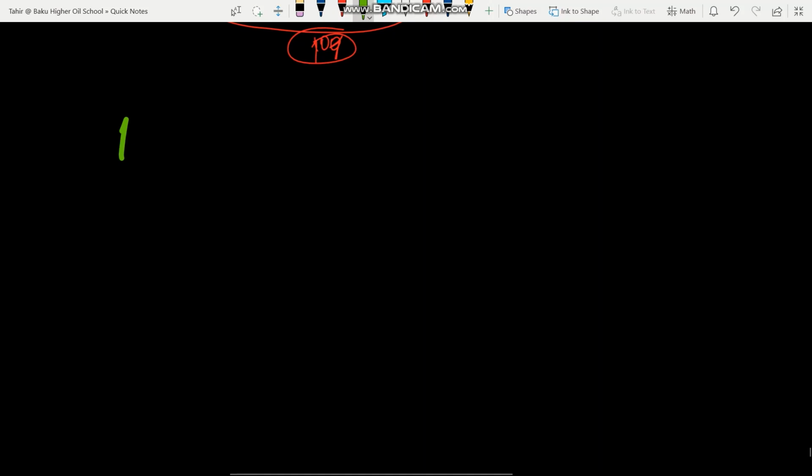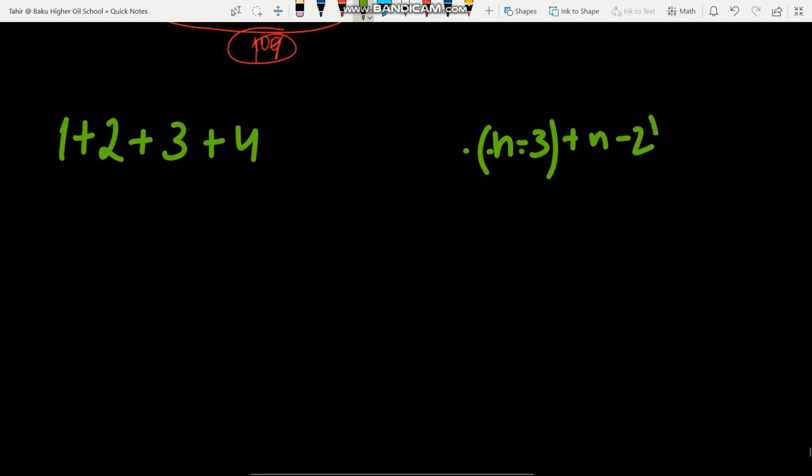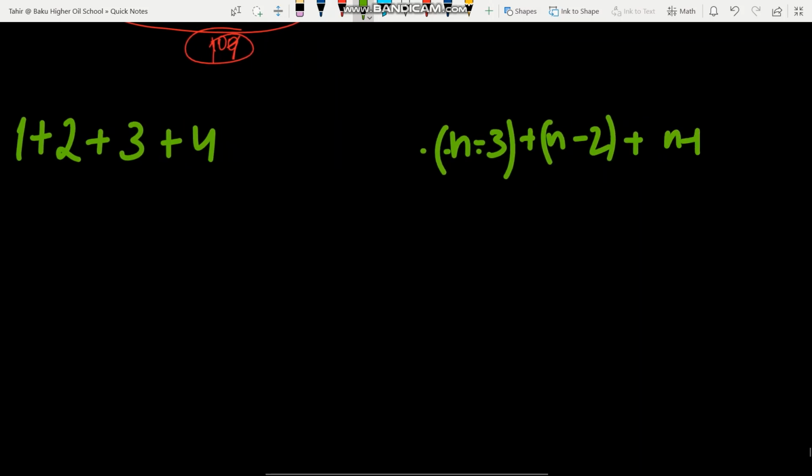Let's write the sequence again: 1 plus 2 plus 3 plus 4, and the last terms, n minus 3 plus n minus 2 plus n minus 1 plus n.